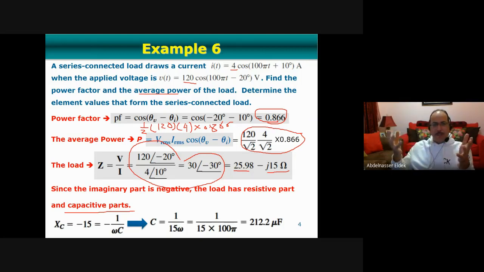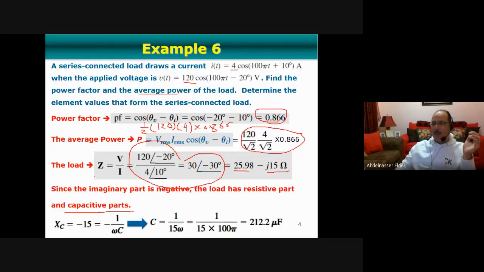This is one of the possibilities, but there is another: you could have an inductor and capacitor in series where the capacitor's impedance is larger than the inductor's, so the negative is more than the positive, and the total will be capacitive.